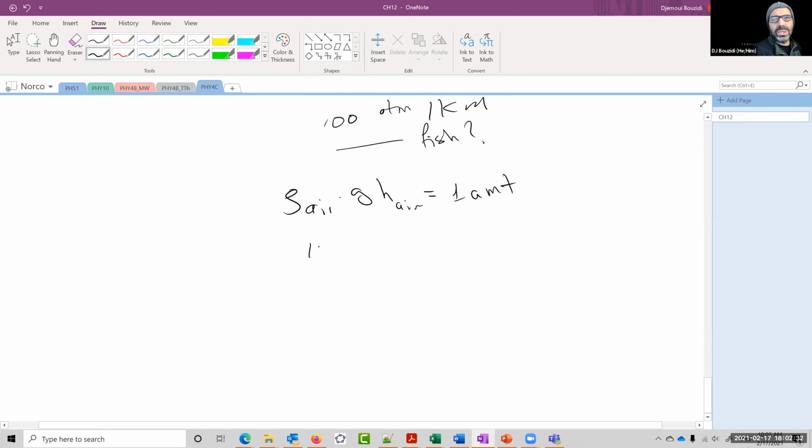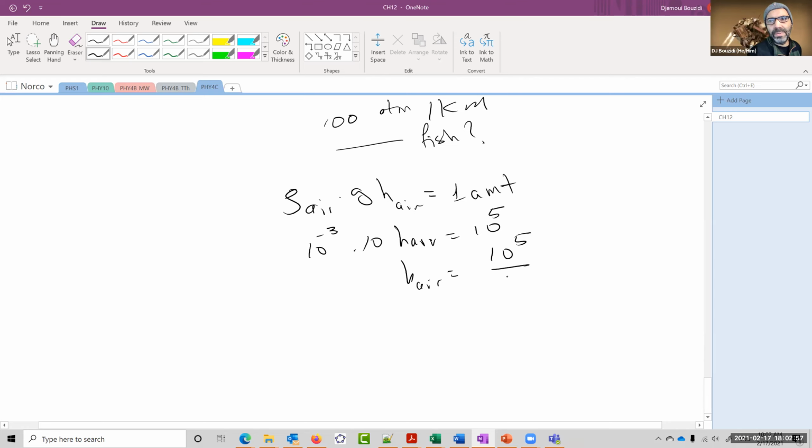Rho air is about 10 to the negative 3 kilograms per meter cubed, times G, which is about 10 meters per second squared, times the H of air, and this is equal to 10 to the power 5 Pascal. So the height of the air would be 10 to the power 5 divided by 10 to the negative 2. And that is about 10 to the power, what, 7 meters, okay?